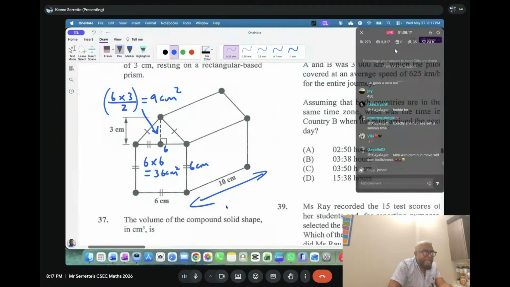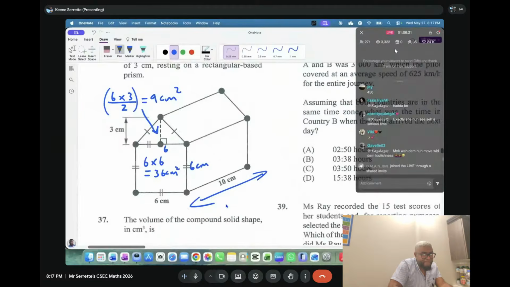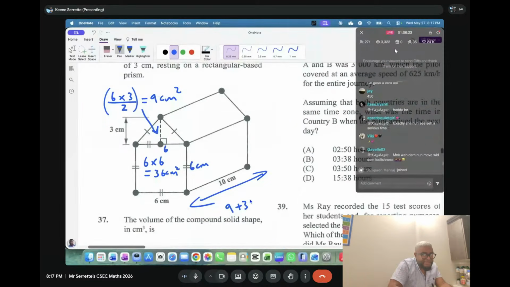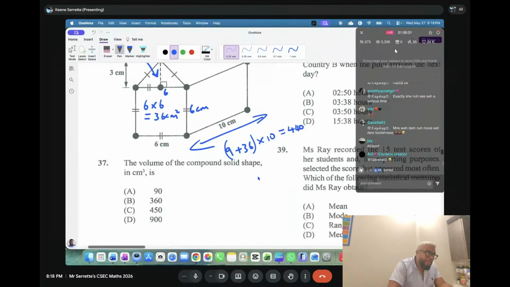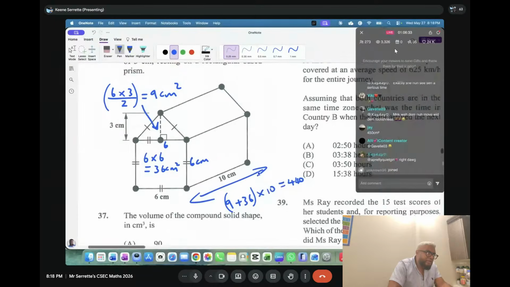So the area of my face would be 9 plus 36, which will be what? 9 plus 36, which is 44, multiplied by 10, that would be 440? So this is 45 then?